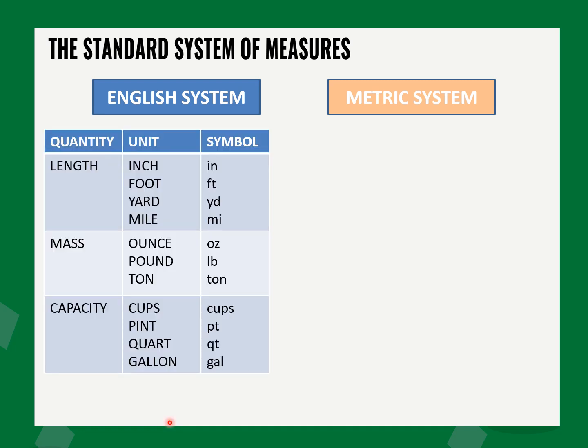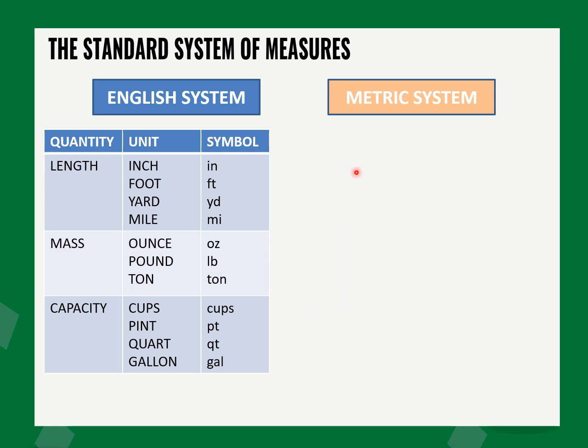The inch, the foot, yard, and mile are units in the English system to measure length. Ounce, pound, and ton are used to measure mass. Cups, pint, quart, and gallon are for capacity.